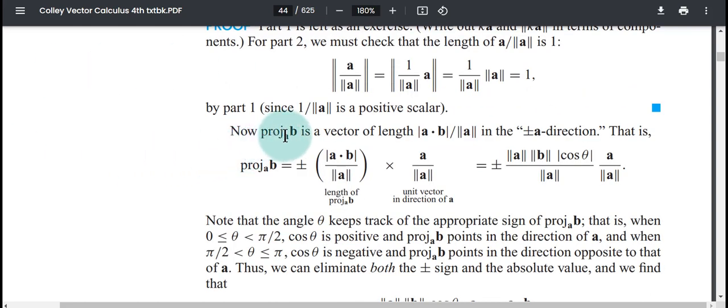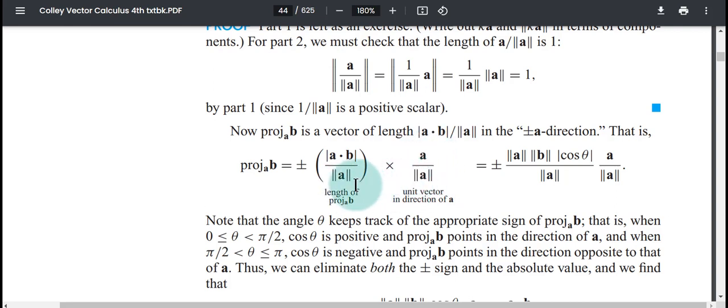Here they just repeat that. The projection of B onto A is a vector of length like that, and it's in the A direction, or the plus or minus of the A direction. Remember, this is the unit vector in the direction of A, so of course this is in the direction of A, and we're just scaling it by this to make it long enough, because this is the length of it, and this is the unit vector.